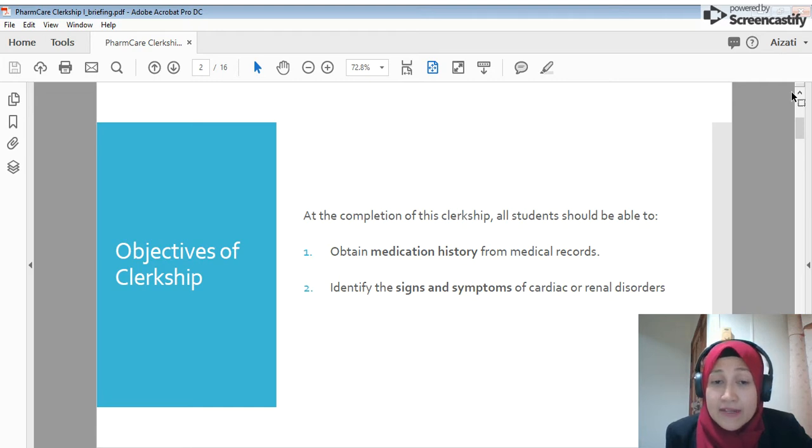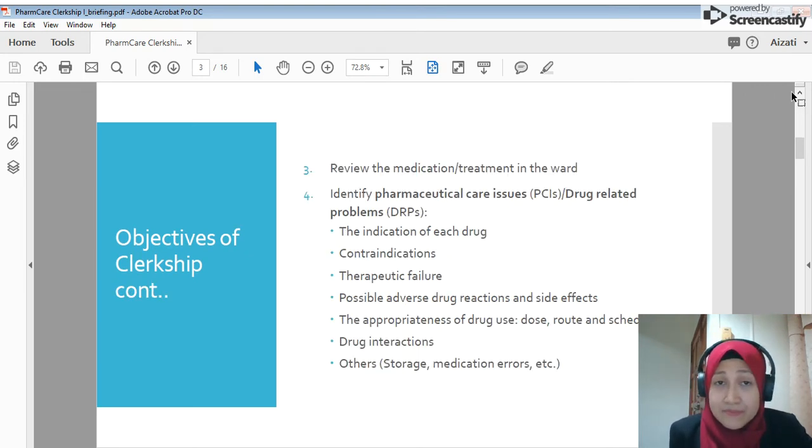And the second is to identify the signs and symptoms of cardiac or renal disorders. So you need to do some background reading of cardiology cases like hypertension, heart failure, and also renal cases like end-stage renal failure or ERF, and understand the pathophysiology of these diseases.